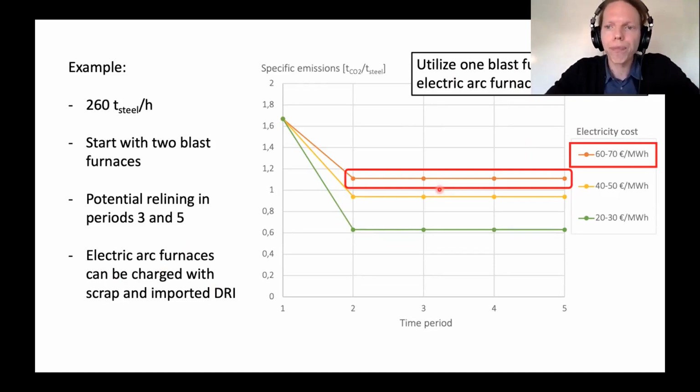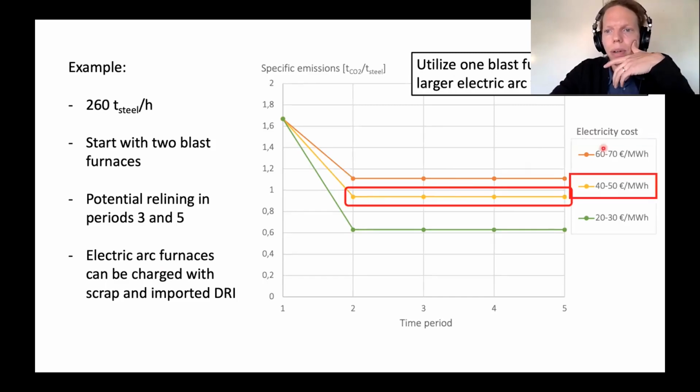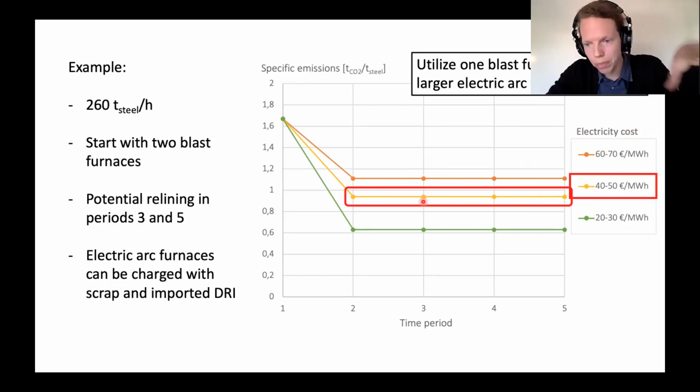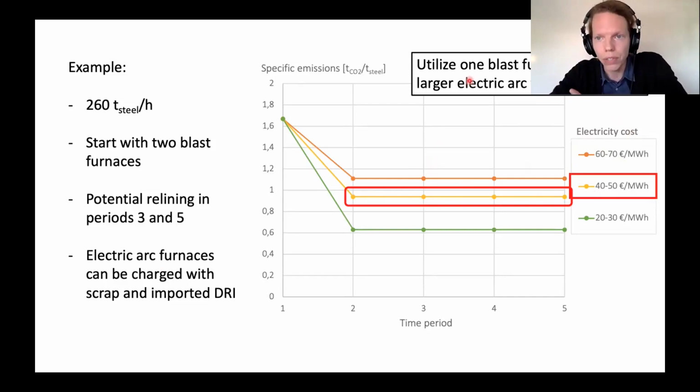So in both of these solutions, one of the blast furnaces is replaced with an electric arc furnace fed with scrap and some imported DRI. But we note that one of the blast furnaces is relined at the end here. So we continue using the blast furnace as well.